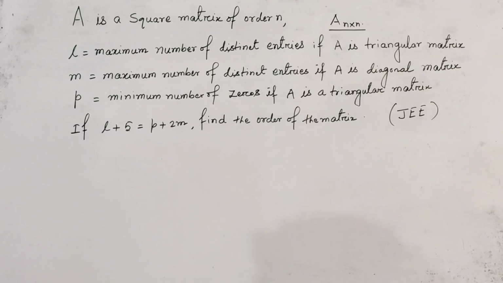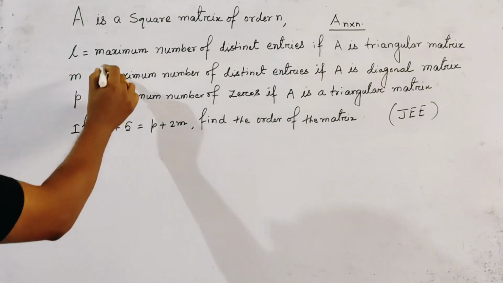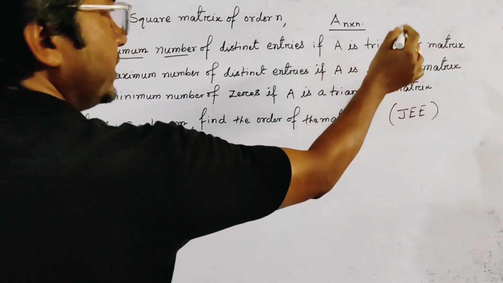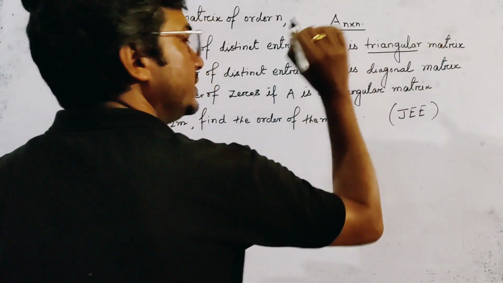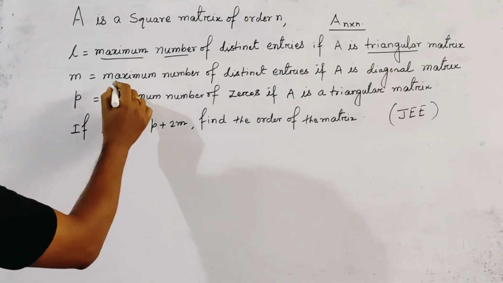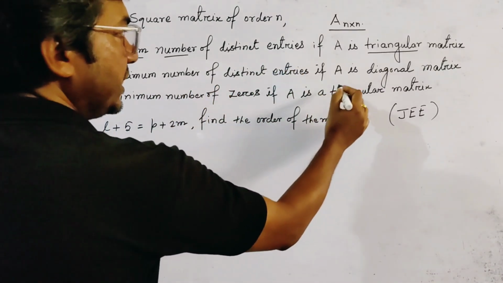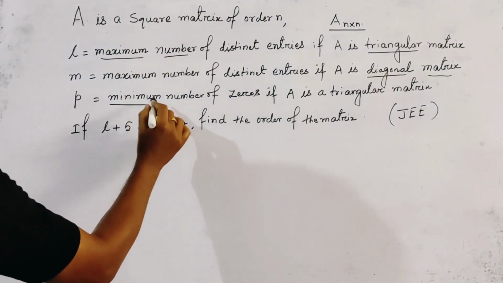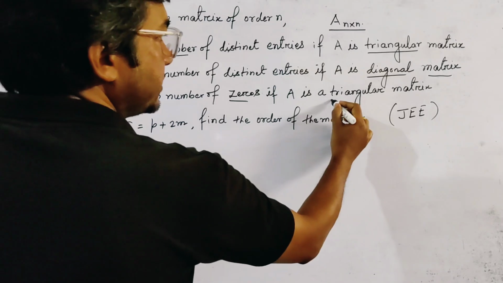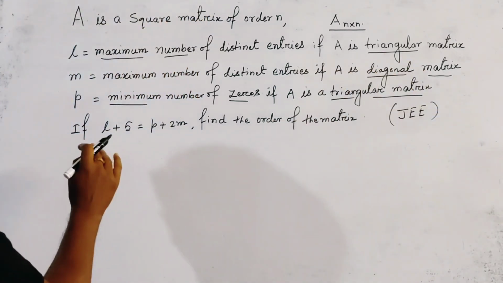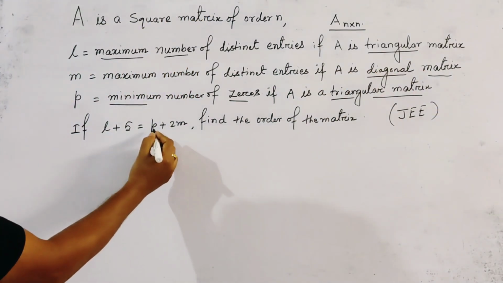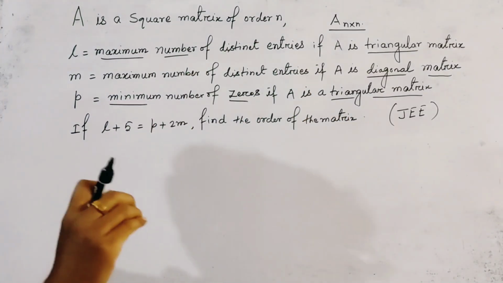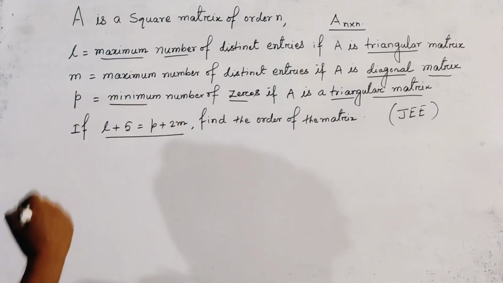L is the maximum number of distinct entries of A if A is a triangular matrix, M is the maximum number of distinct entries if A is a diagonal matrix, and P is the minimum number of zeros if A is a triangular matrix. Then if L plus 5 is equal to P plus 2M, find the order of the matrix. That is, we have to find the value of n using this relation.